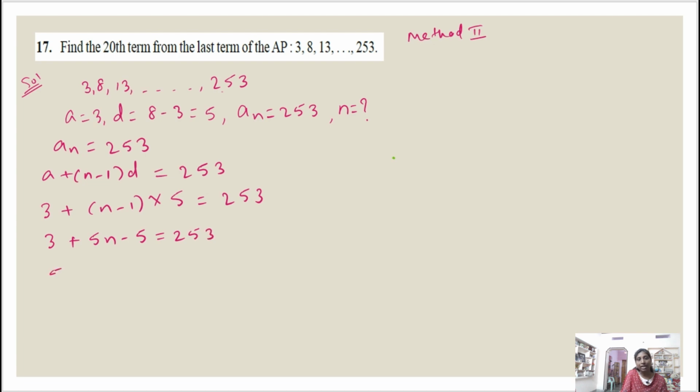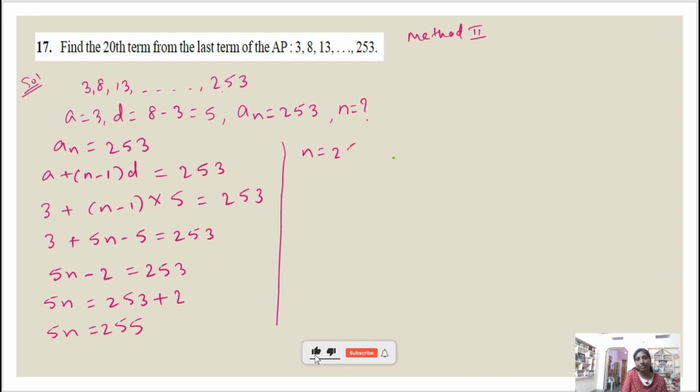Now 5n minus 2 is equal to 253. Now 5n is equal to 253 plus 2. So 5n is equal to 255. It means n is equal to 255 by 5. Now cancel it. 5 5s are 25, 5 1s are 5. It means n is equal to 51.